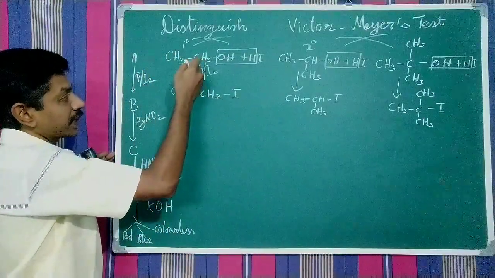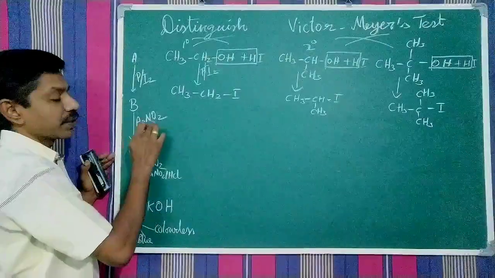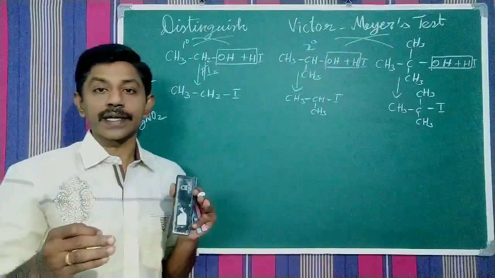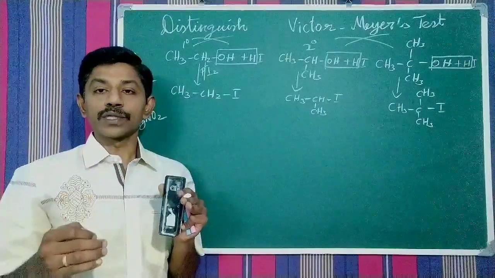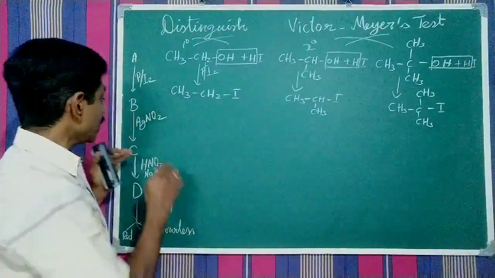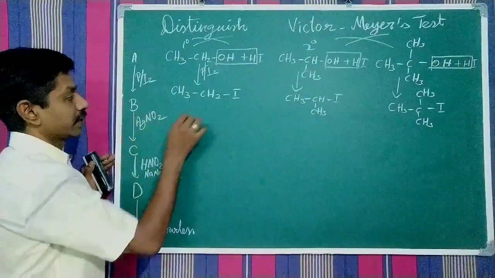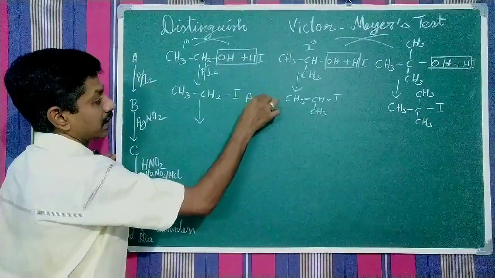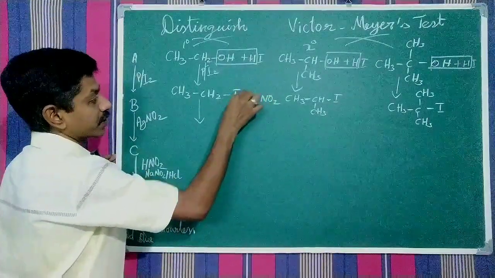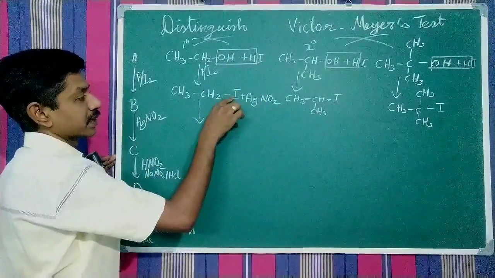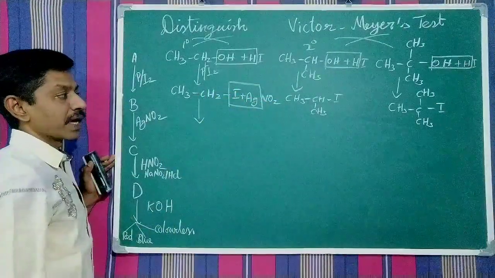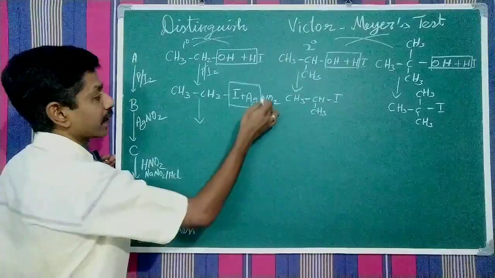So next step we are adding AgNO2, silver nitrite. AgNO3 is silver nitrate, AgNO2 is silver nitrite. Now we are adding silver nitrite only, and a similar way of dealing. You see the right hand side of this, the left hand side of this is going to be removed as AgI, silver iodide.